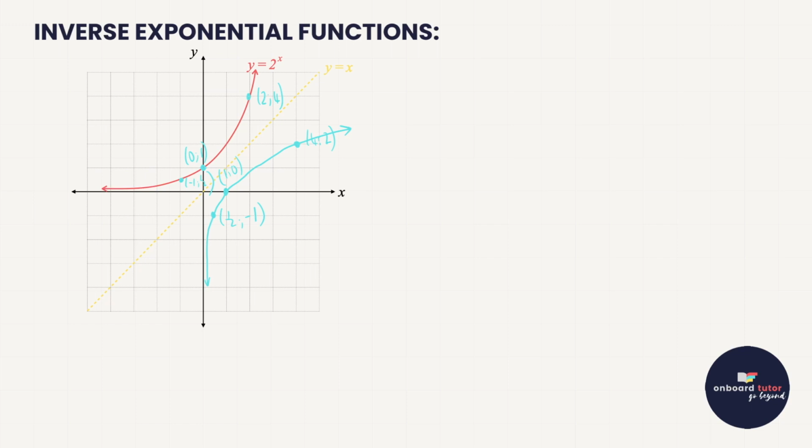Now remember, we learned that if you want to find the inverse of something, you need to switch around the x and the y coordinates. So the inverse would then be x is equal to 2 to the power of y. But we don't usually write our equations like that. For something to be in the standard form, y needs to be the subject. And so we need to now go to some of our newer or more recent knowledge, and that was that we can use logs to make y the subject.